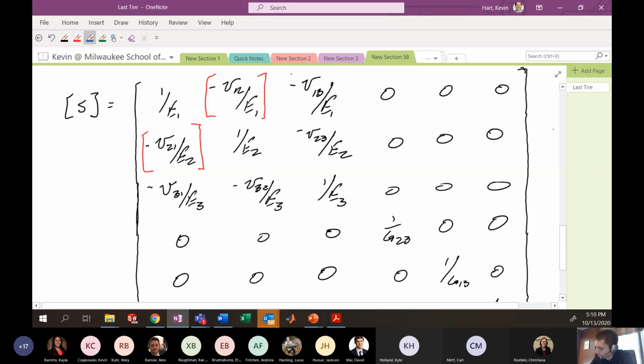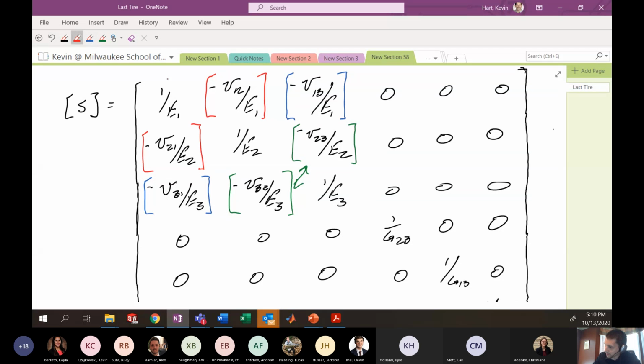This entry here will be equal to this entry here. And this entry here is going to be equal to this entry here. All of these should equate to each other just by the symmetry of the compliance matrix S, that it's symmetric about the diagonal.